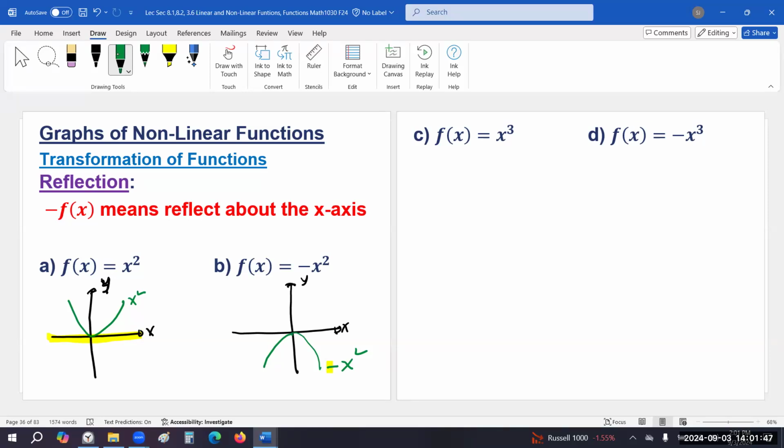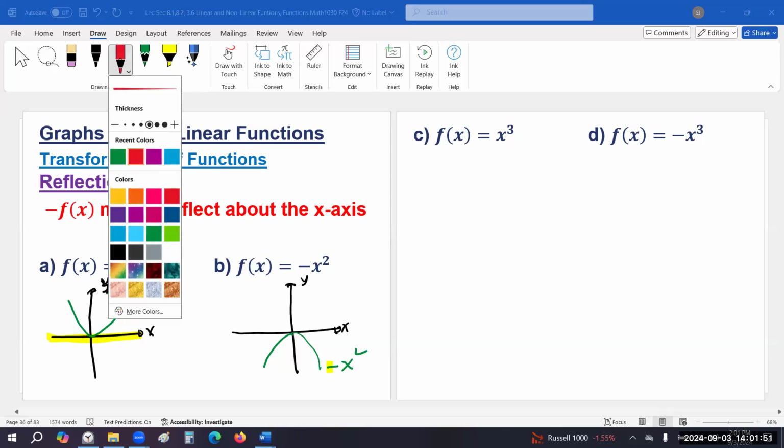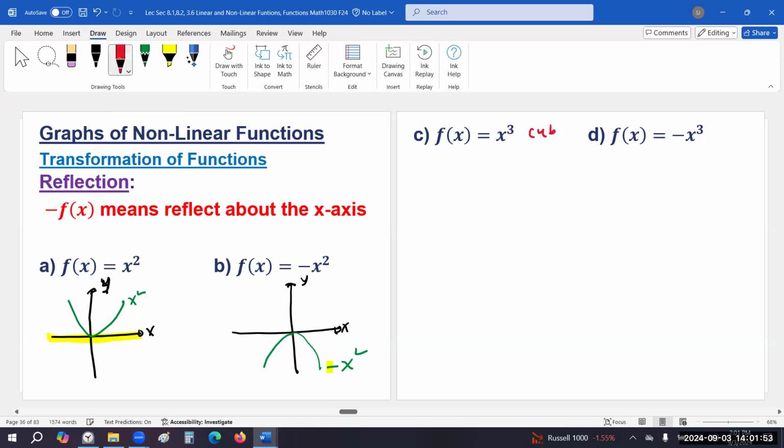Second type of function is a cubic function. By the way, the name of x squared is quadratic. Quad means 2. So x squared means quadratic function. Cubic means 3 power.